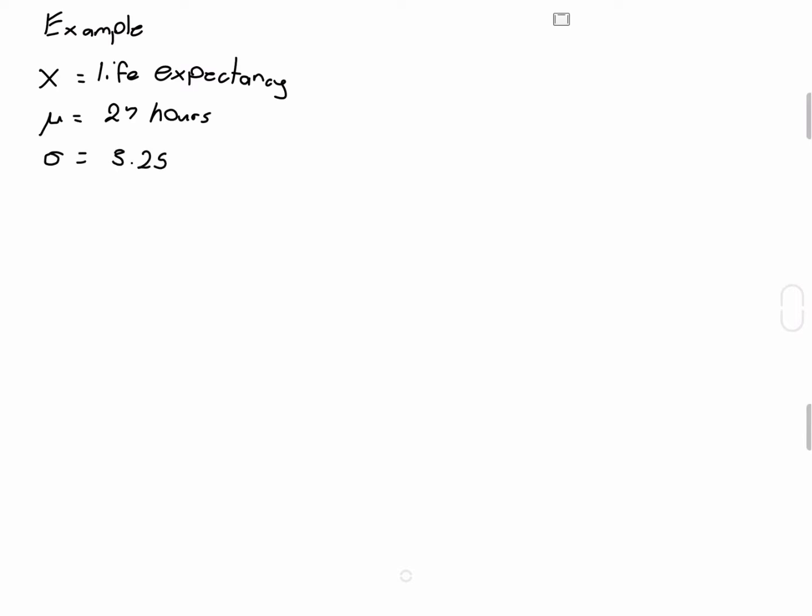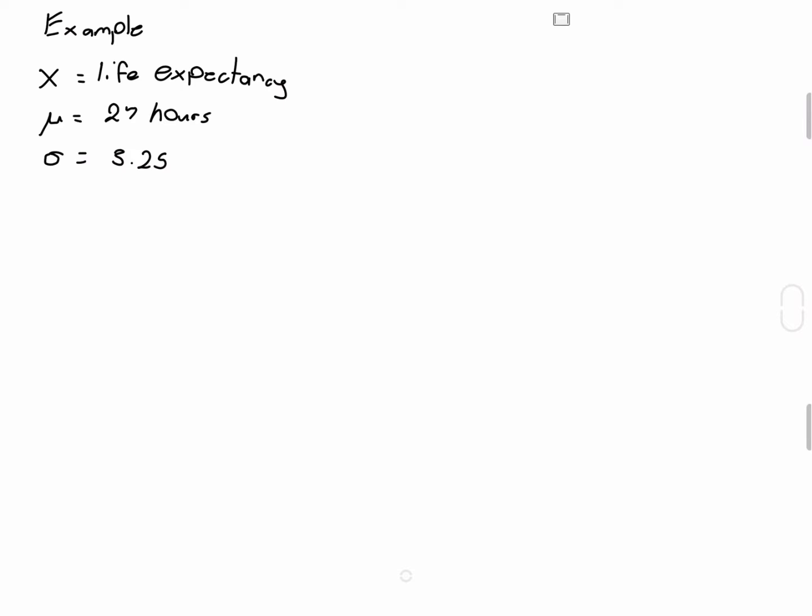So in this example, the life expectancy, which I'm going to call x, of a certain brand of battery is known to have a mean of 27 hours and a standard deviation of 3.25 hours.